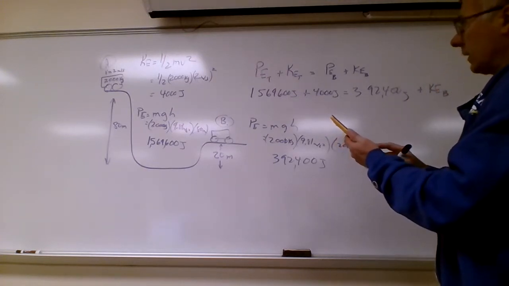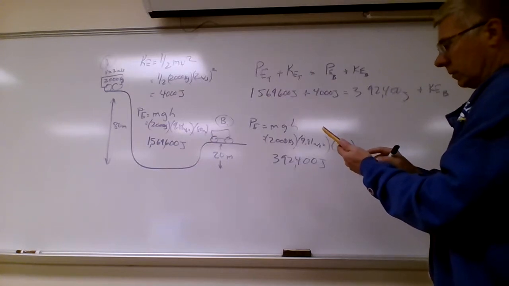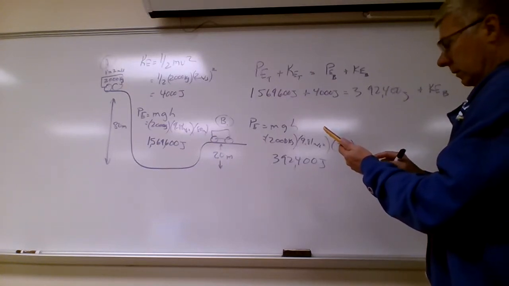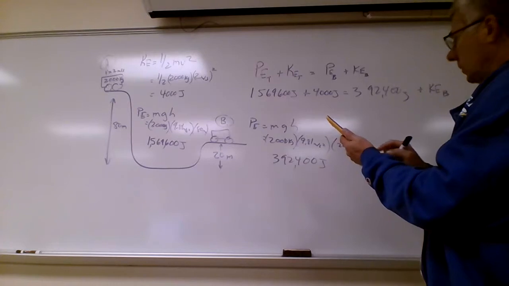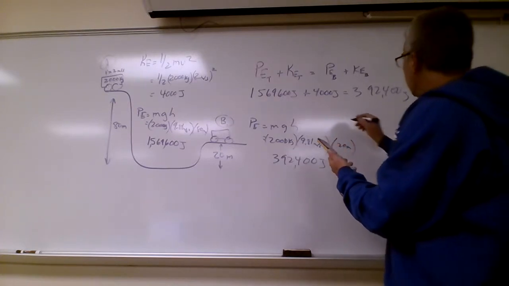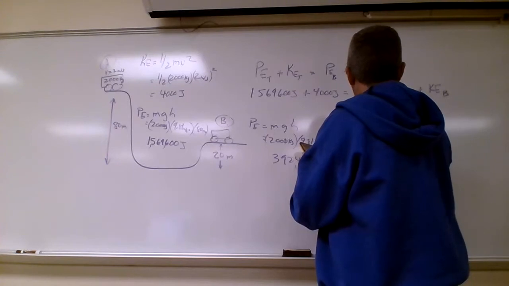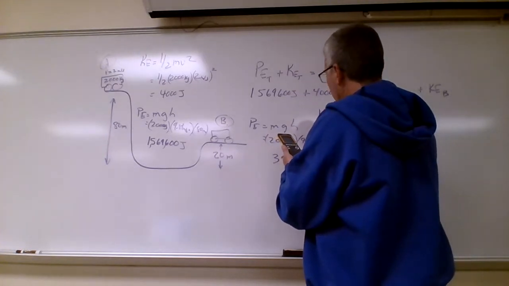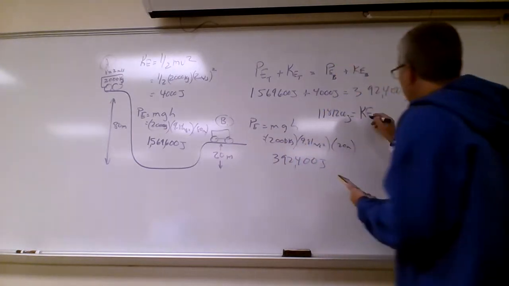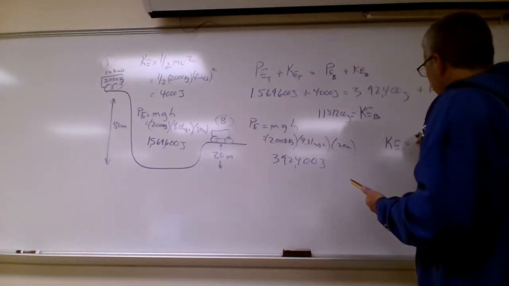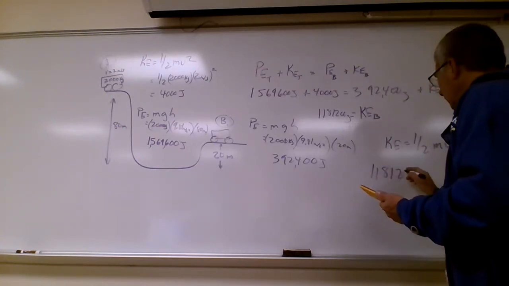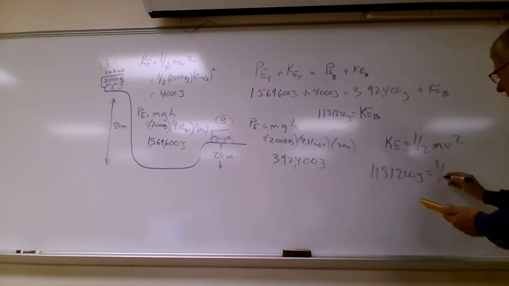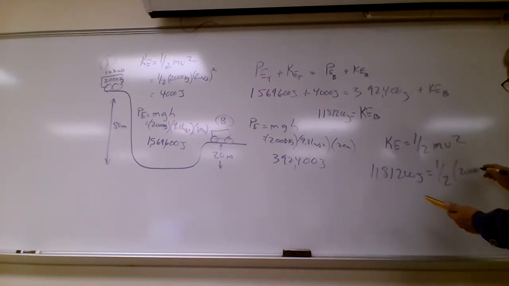So we have 1,569,600 plus 4,000, and I subtract this over, minus 392,400, and the kinetic energy at the bottom is equal to 1,181,200 joules. So the kinetic energy equals 1/2 mv squared, 1,181,200 equals 1/2 times 2,000 kilograms times v squared.